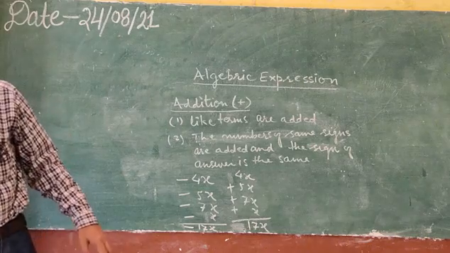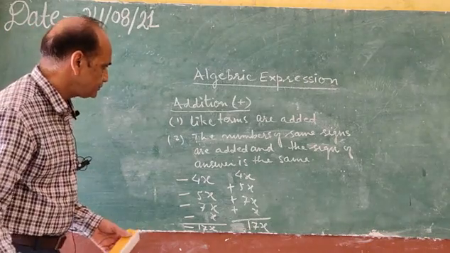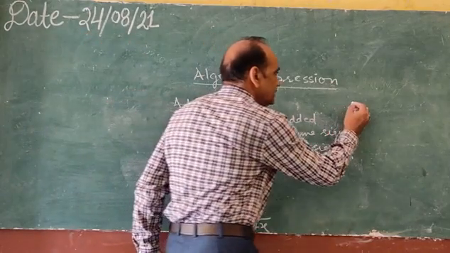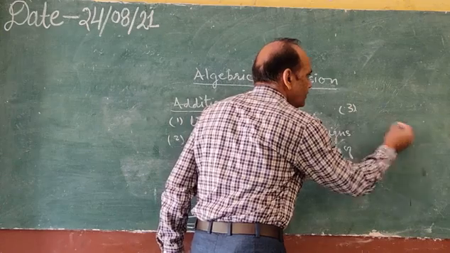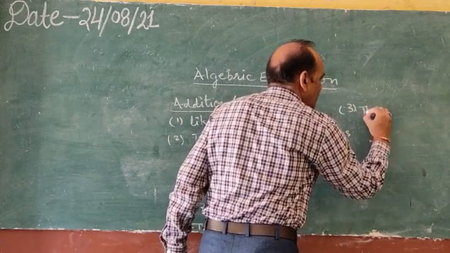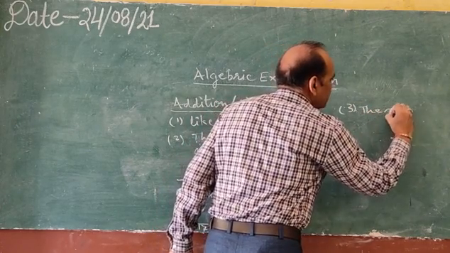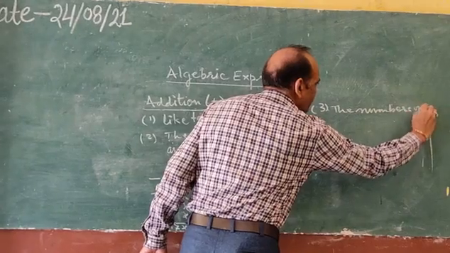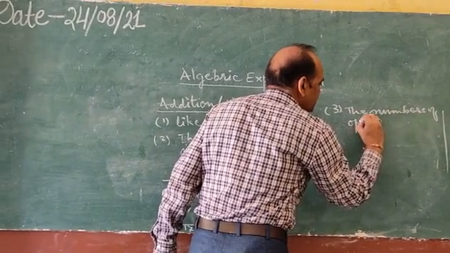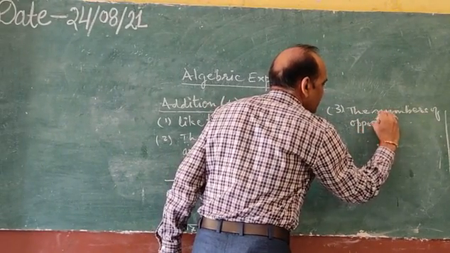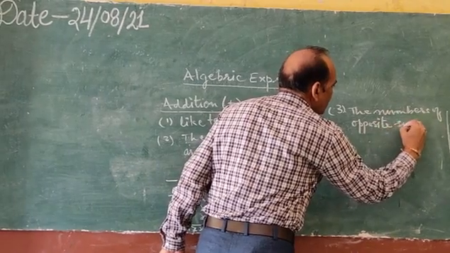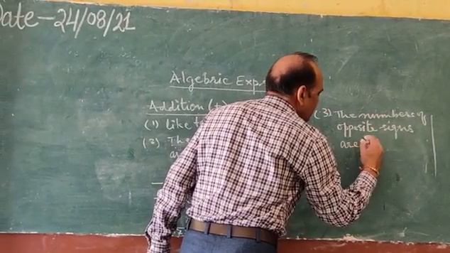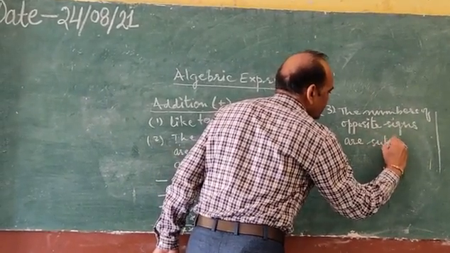Okay. And third rule, the numbers of opposite signs are subtracted.